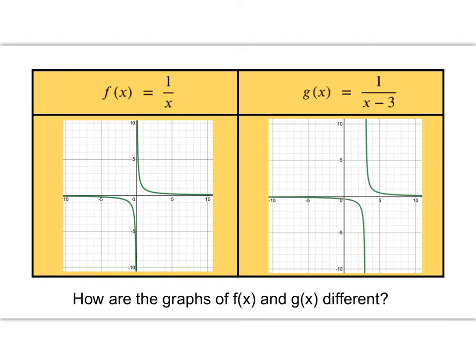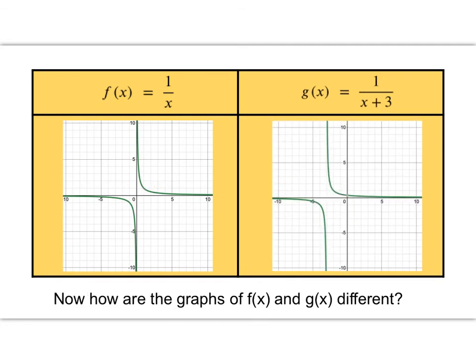Now take a look at these ones. They're not shifting up or down. How are they moving? They have moved to the right. So our second graph here, by subtracting 3, we went 3 units to the right. It might seem counterintuitive that subtracting moves it right, but that's what happens.